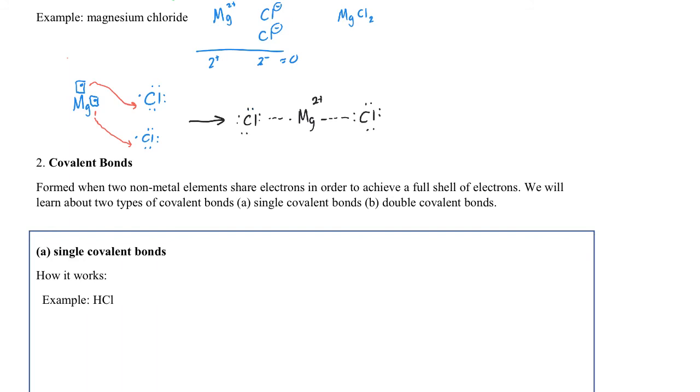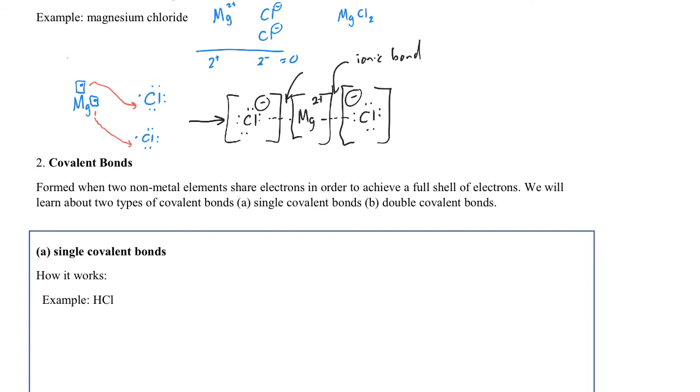Because each one gained 1 electron, each one is a 1- charge. So this is the ionic bond that we have going on here. We have the magnesium 2+, the chlorides, each of them 1-, and then we have the ionic bonds, which I'm showing here. These are the ionic bonds.